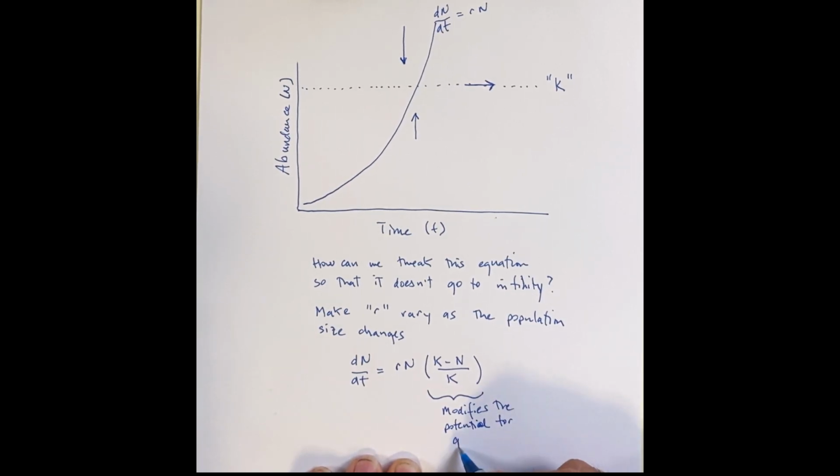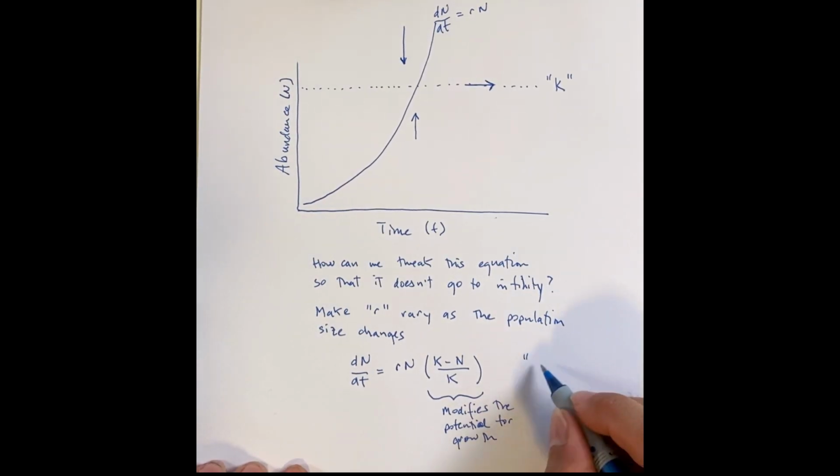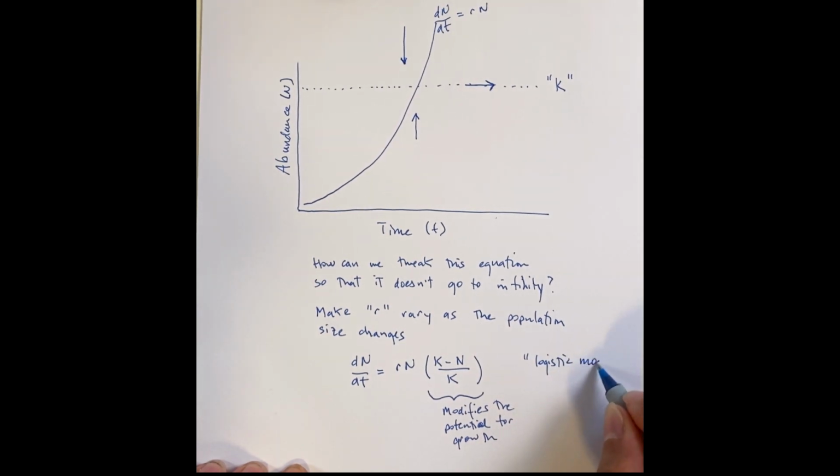And the maximum potential is r. This form of the equation is what we often refer to as the logistic equation, the logistic model of population growth, because it has this S-shaped logistic curve when it's growing from low numbers to high numbers. And we're going to explore the behavior of this in a second.